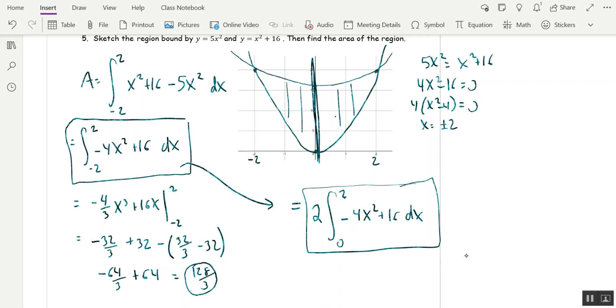These are the same number. The integral just computes the area in quadrant 1, and then I multiply by 2 to get the whole area. The reason why that's desirable is it's always wonderful to have 0 as a limit. It just makes calculations much easier. So I wouldn't have had to do all of this minus stuff. It would have been much easier.